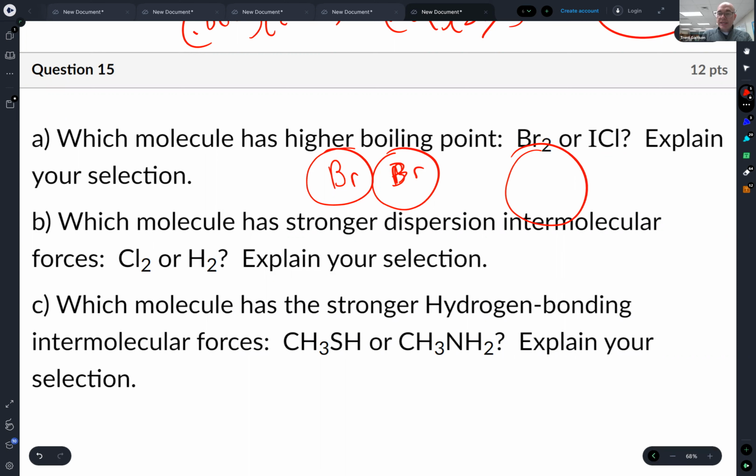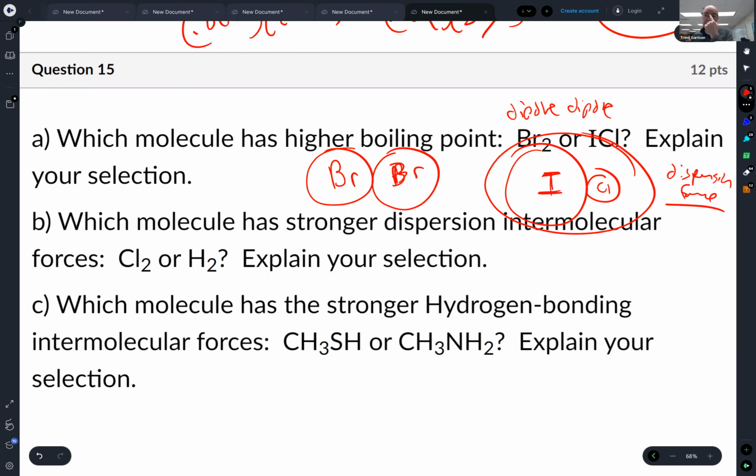But with ICl, we do have a difference in size. So we're going to see a higher boiling point with this one because we have a dipole-dipole moment. You could also talk about there being a larger dispersion force on this one because it can stay longer on one side than it can on the other, and that's going to help it create more forces to stick together. It's going to have more of a positive and a negative side, more negative over here, more positive over here, and that's going to cause it then to want to have a higher boiling point.